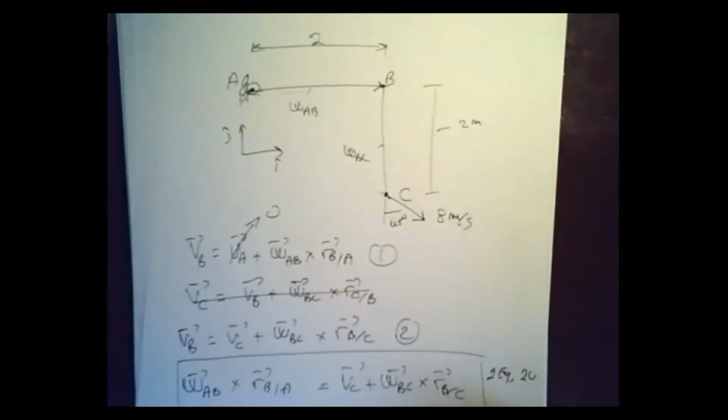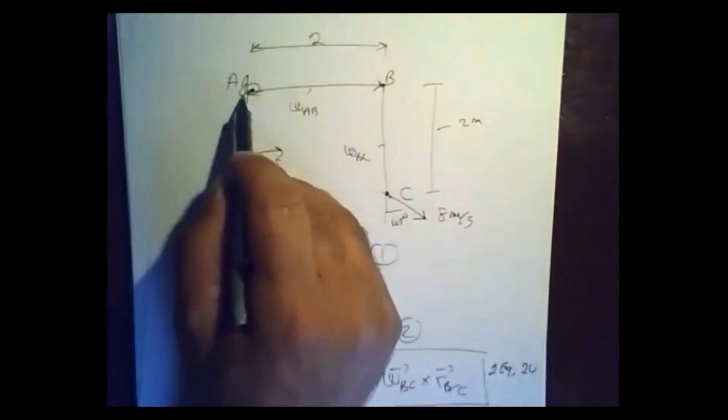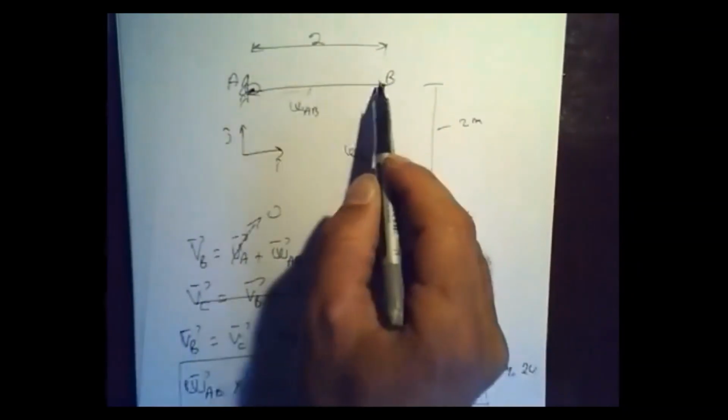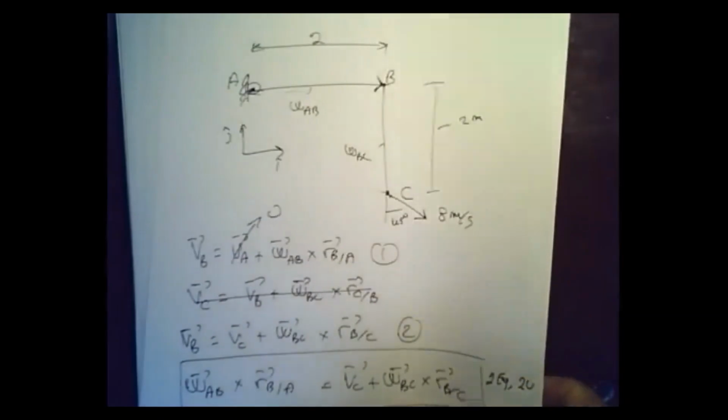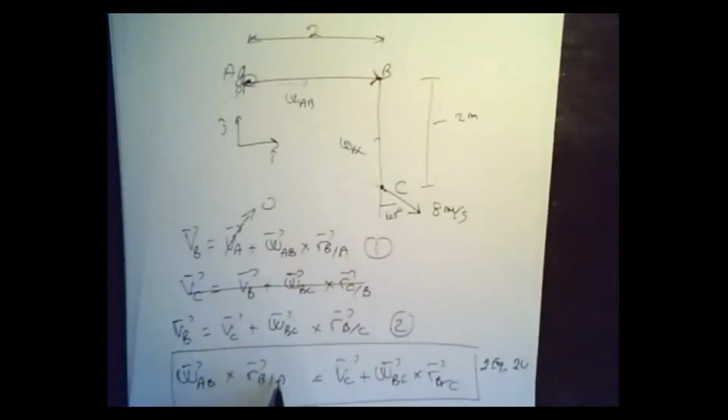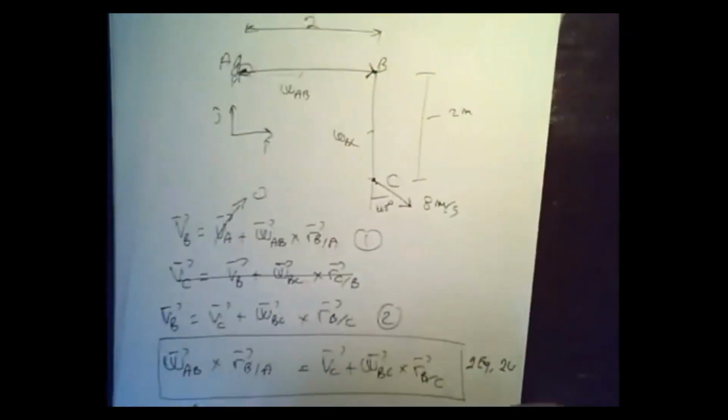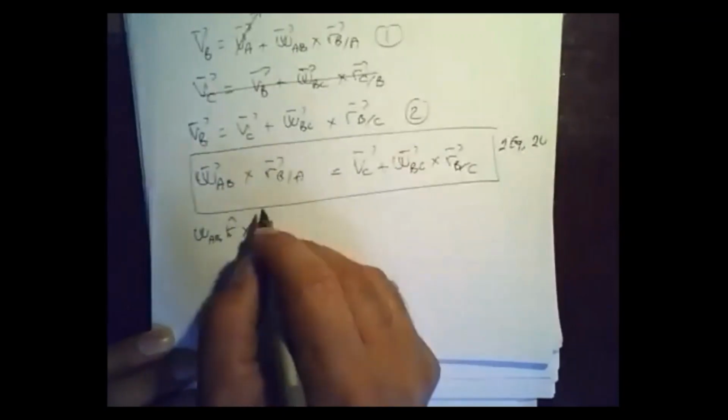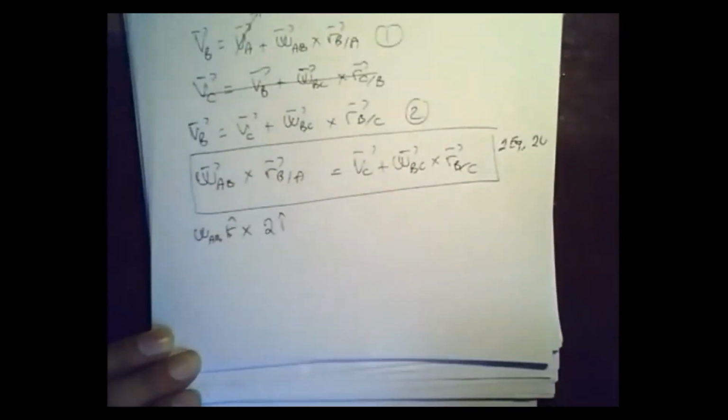I think it is 2i. B as viewed from A is a vector pointing from A to B, and this is my I. So RBA is equal to 2i.